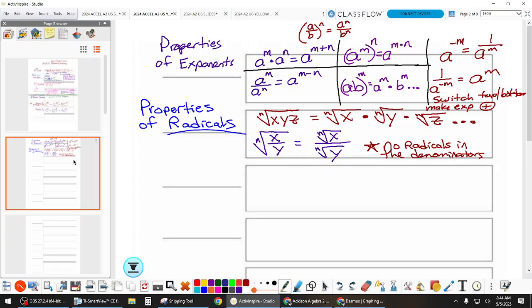But otherwise, you can split your radical up and take the nth root of each piece. That was the product property. Quotient, just split them up into separate radicals within the division still. So don't lose that division. Also notice this isn't subtraction and addition like we've seen. Please make that note before we get in trouble on that.